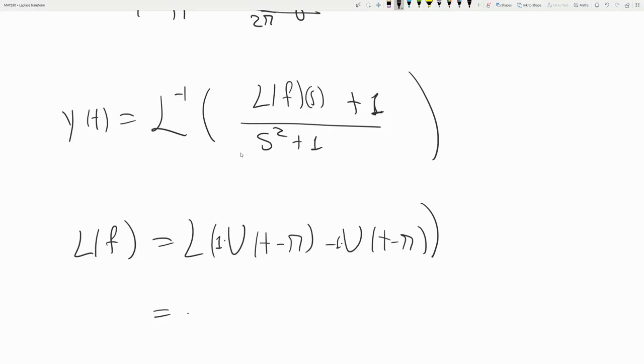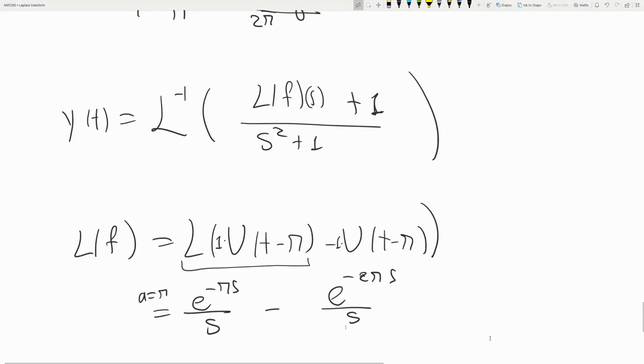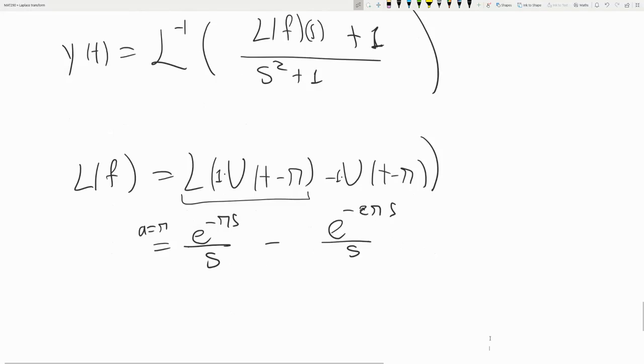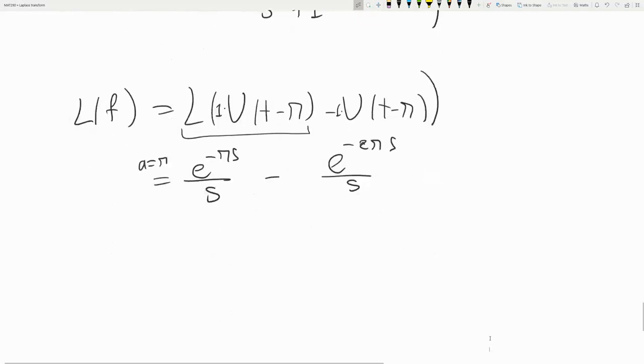So the first guy gives you e to the minus pi s, right? So a is pi here, and then e to the minus 2 pi s. Okay. All right.